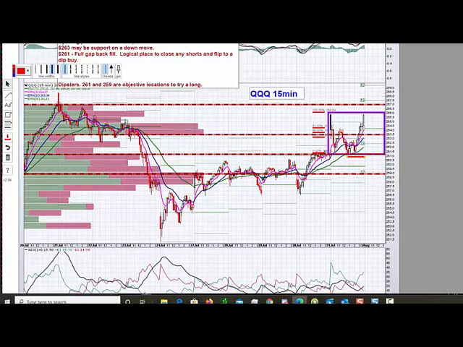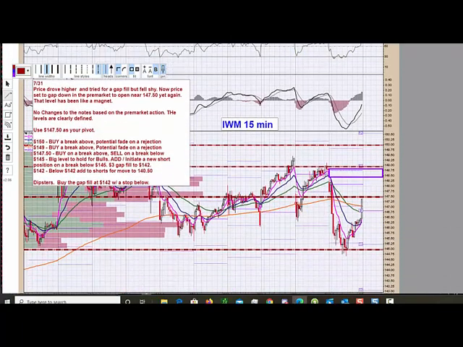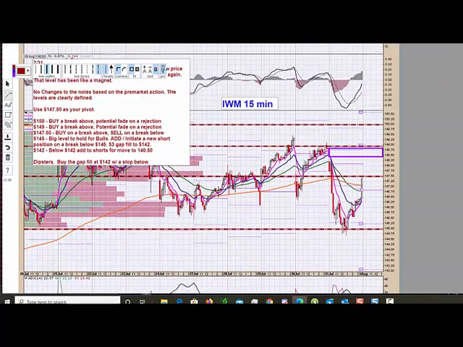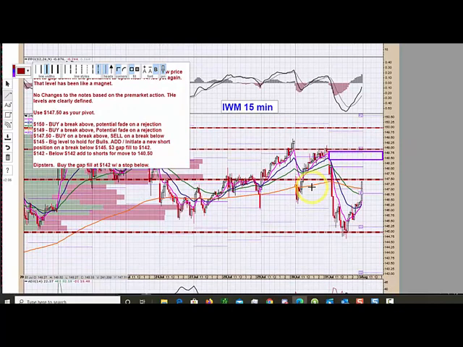Okay, let's look at IWM. This is the one I was involved in. I did have a trade on QQQ. I was not in SPY. In the pre-market, price was gapping down when everything else was gapping up.